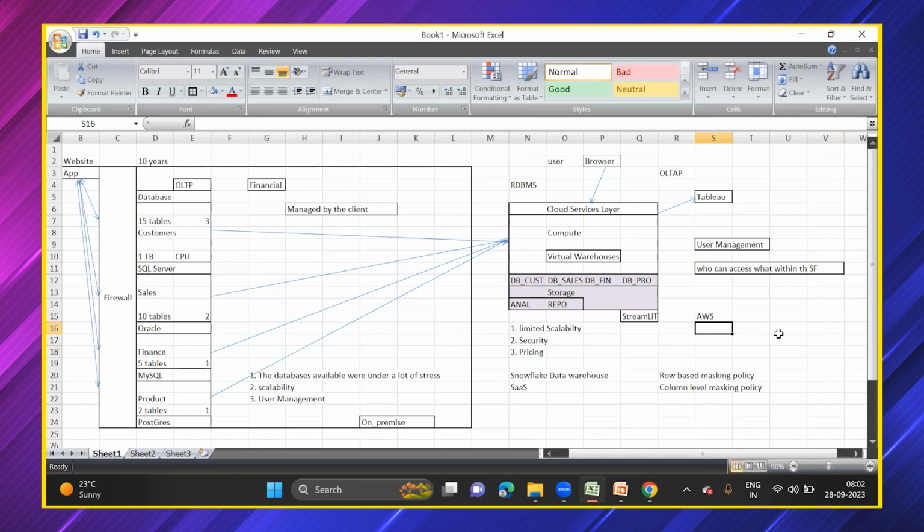Maybe in AWS we have different databases, DynamoDB, right? Semi-structured data can be stored, right? Yes, semi-structured data can be stored, but anyhow it will be stored in terms of tables, in the relational database format.